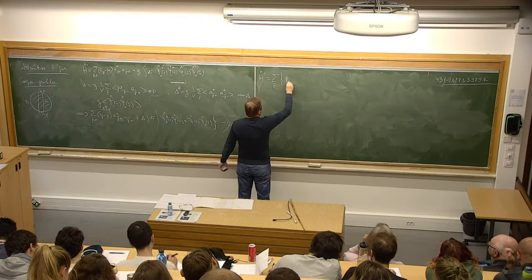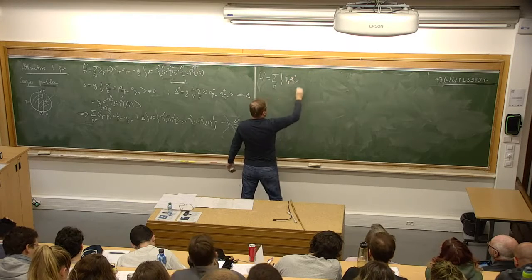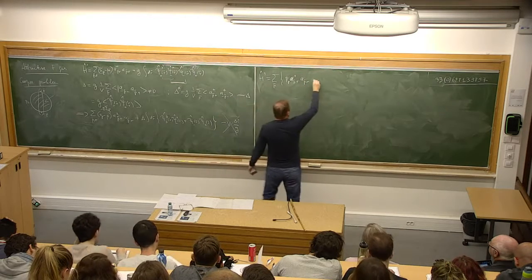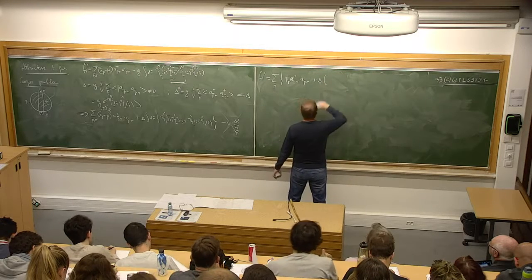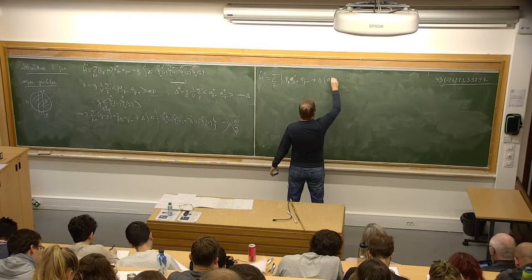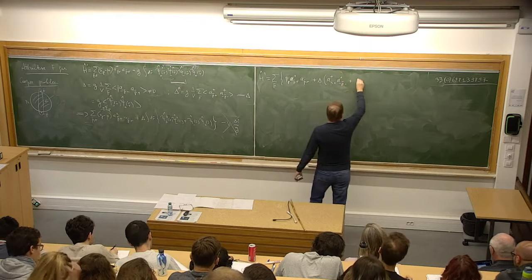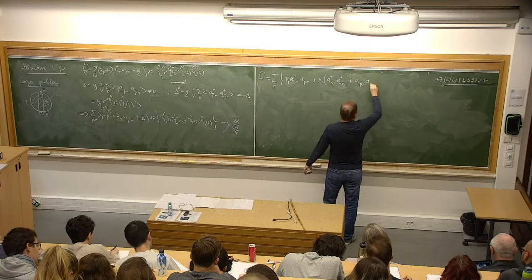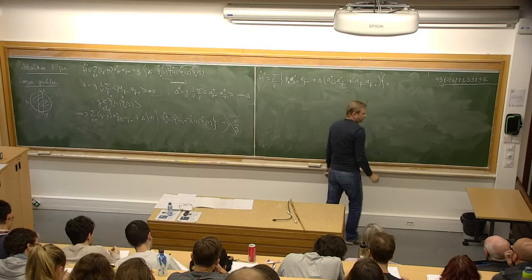So ψ†_P epsilon_P σ a_{Pσ} is my kinetic part, plus delta times the bracket of a†_{P+} a†_{-P-} plus a_{-P-} a_{P+}, and again plus some terms which I'm not writing.